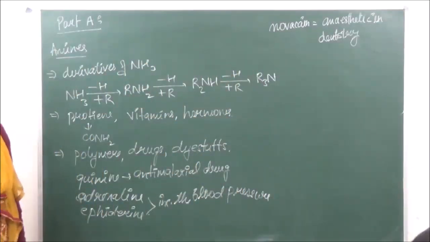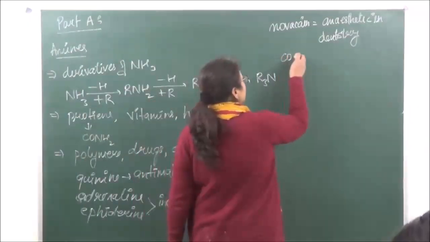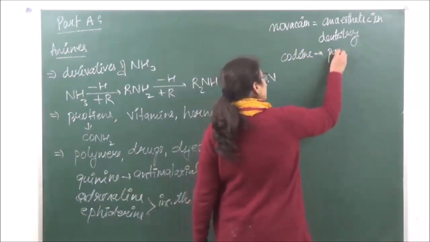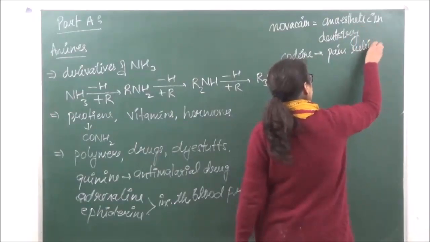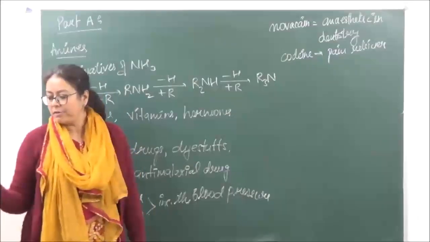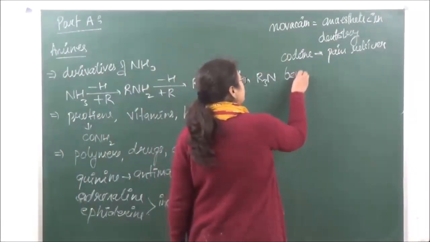And then we have codeine. Codeine is used as an analgesic, a pain reliever. And then we have Benadryl, a cough syrup.